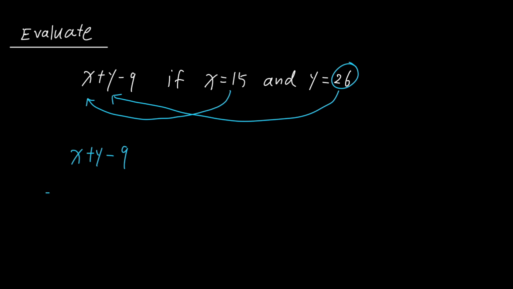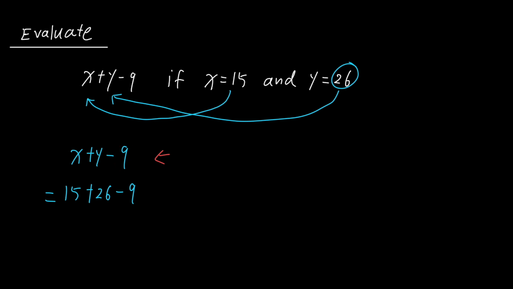So let's say x represents 15, so it's 15, and y represents 26, it's 26, and then minus 9. Then we can calculate it because they are all numbers. But consider right here, is this a numerical expression or an algebraic expression? So let's find out. Here we have a variable, another variable, and we have operations here, and we have a number.